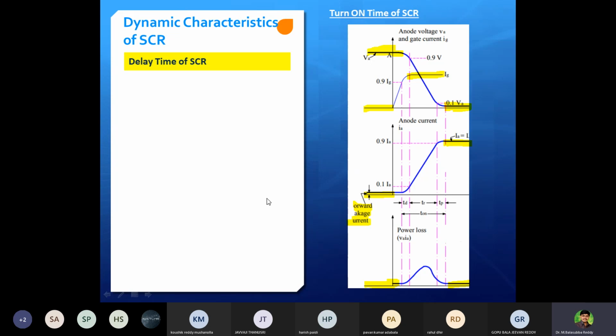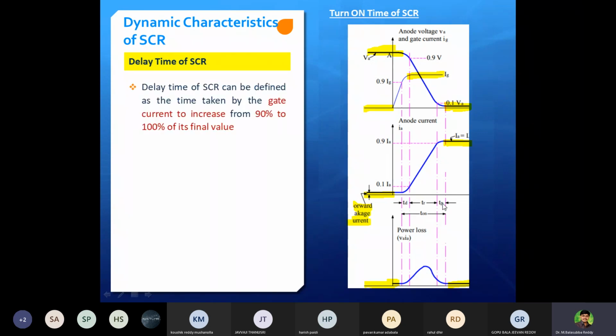Now we can see how many intervals I mentioned? 3 intervals. One is delay time, rise time, and spread time. And the sum of these 3 I call the turn-on time. Now what is the delay time? We can explain that concept, the delay time interval, in 2 ways.